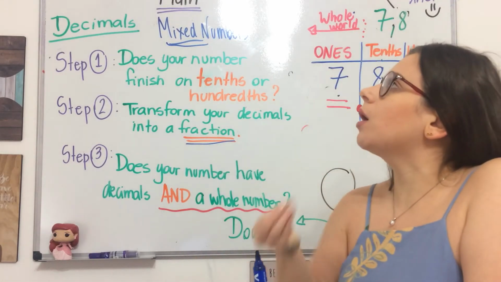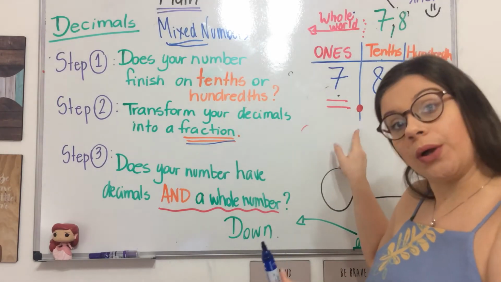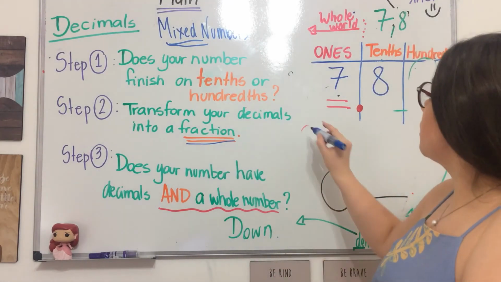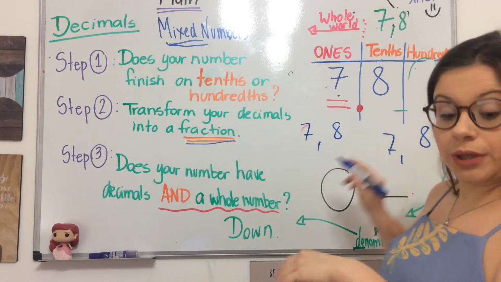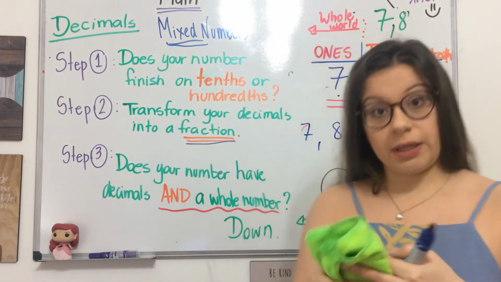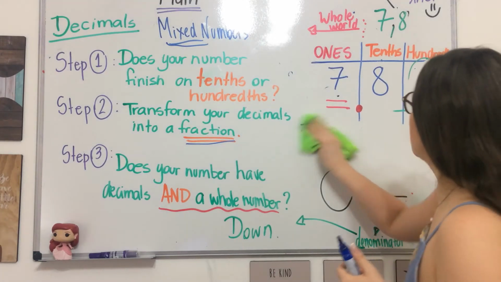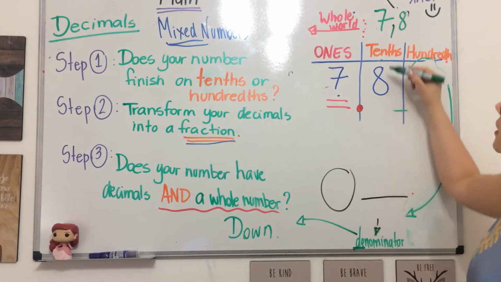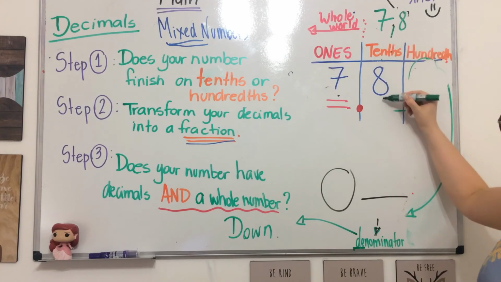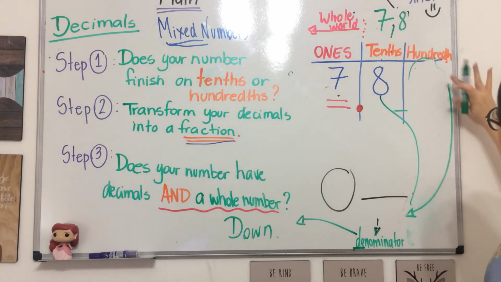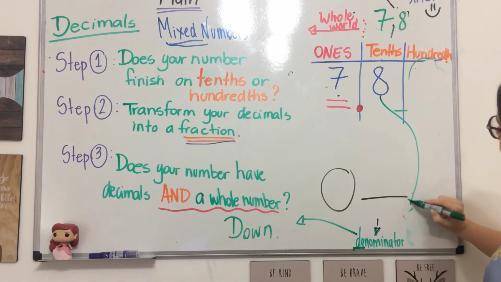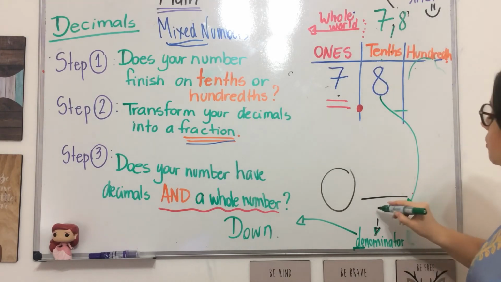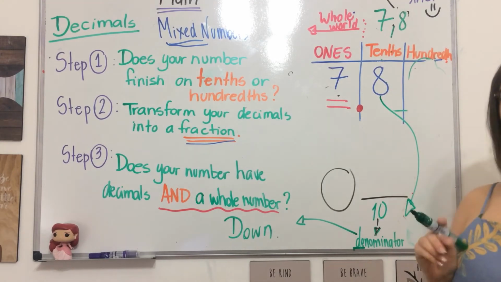Not even the apocalypse is going to take this decimal point from here. So you cannot do this or this, okay? Respect the place of the decimal point. Well, the moment that I find out that my number finishes on tenths, the denominator of my fraction is going to be 10.